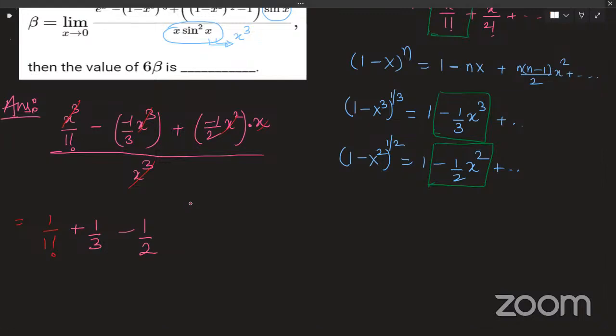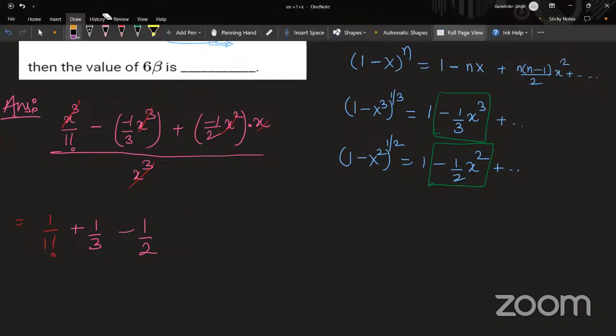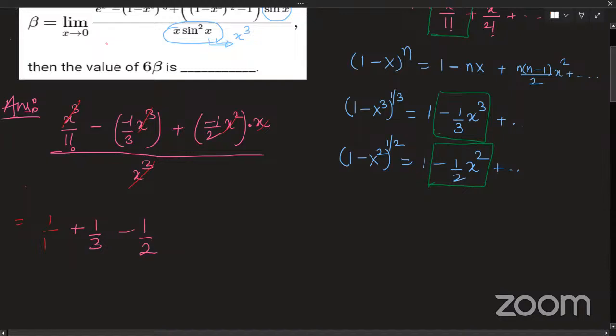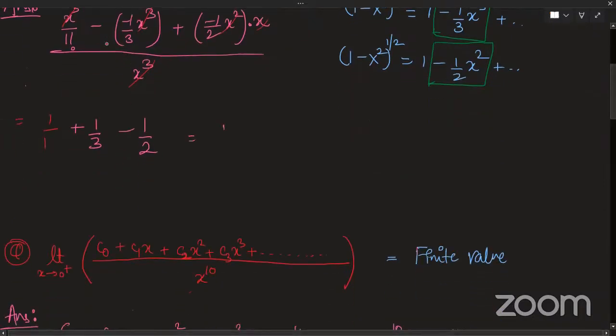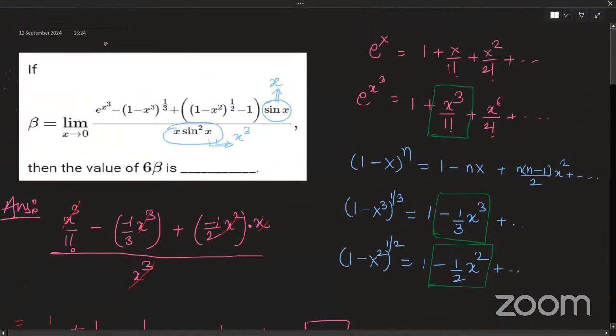So what is 1 factorial? 1. So your final answer is 1 by 1 plus 1 by 3 minus 1 by 2. What is the value? Half plus 1 by 3, which is 5 by 6.